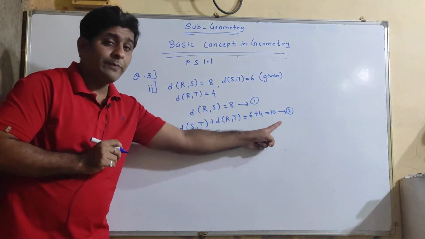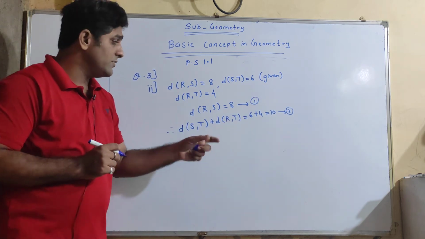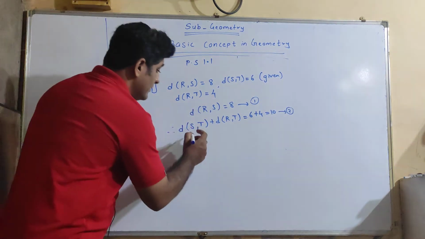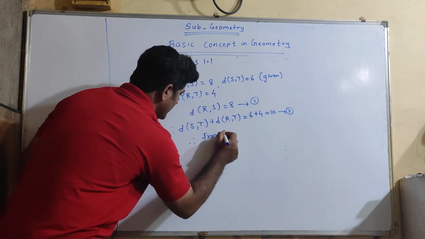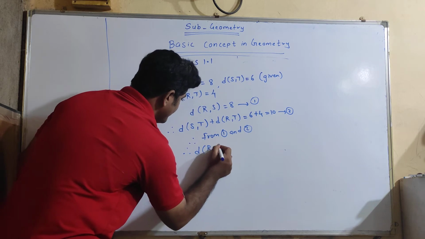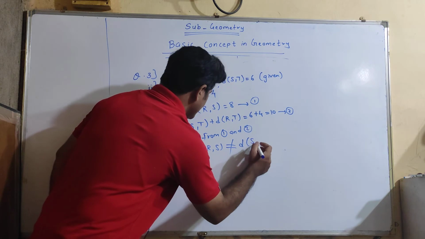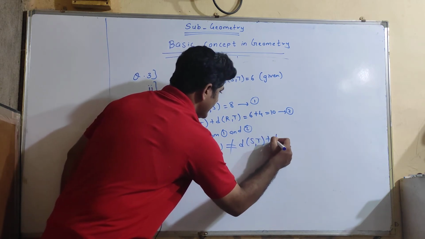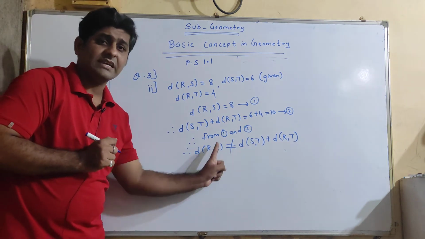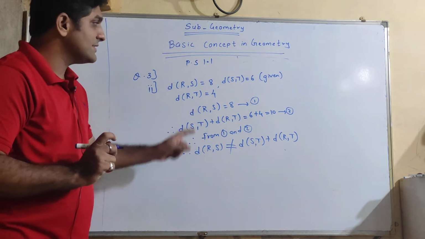Again students, compare the two values. After comparing the two values, what do we observe this time? That from 1 and 2 the distances are not equal. So we write down over here, from 1 and 2, distance RS is not equal to distance ST plus distance RT. Now remember students, if the distances are not equal, then there is no property of betweenness among the points.